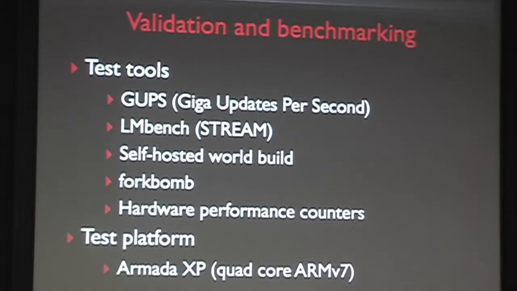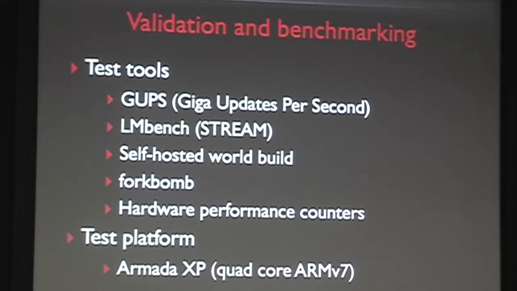Of course, a self-hosted build world is a good test for everything, so we tried that too. And the fork bomb and stress2 utilities were used as sanity checks to see how well superpages support manages in a stressed environment.